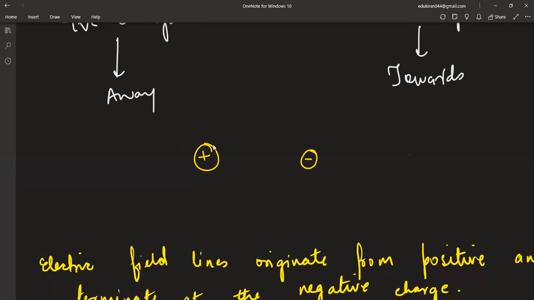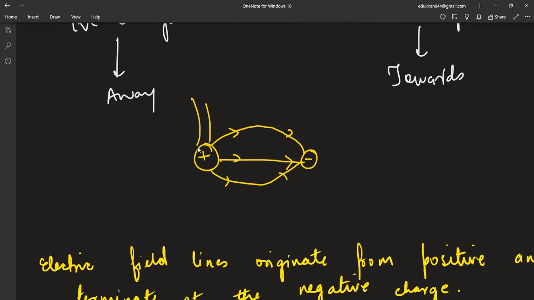So what have we studied? For positive, field lines move away, and for negative, they move towards. So away for positive, towards for negative. See, away from the positive charge and going towards the negative. Again, away from this, going towards it.